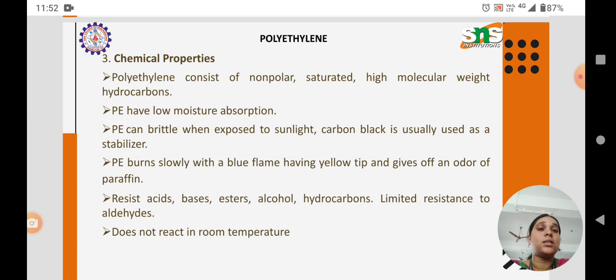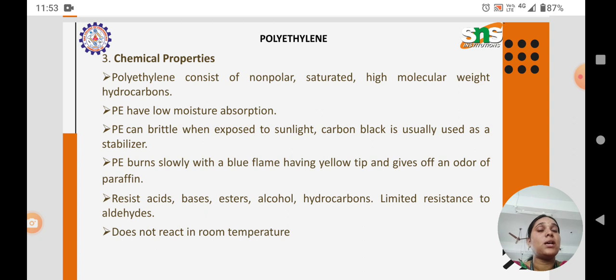It burns slowly with a blue flame and yellow tip, and gives off a paraffin-like smell. It resists acids and bases. It cannot be corroded by acids, bases, esters, alcohols, and hydrocarbons. It has limited resistance to aldehydes. It doesn't react at room temperature.